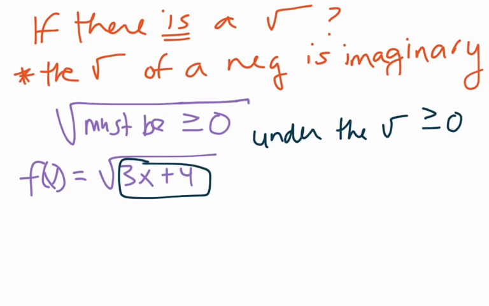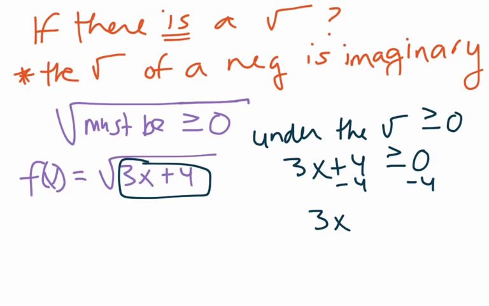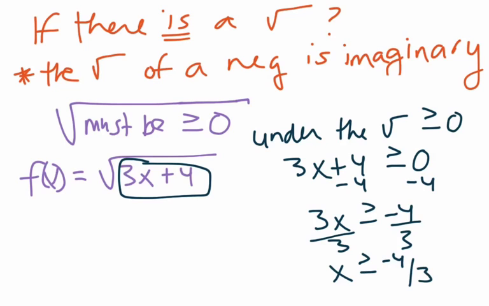You look at whatever is under the square root. 3x plus 4 has to be greater than or equal to 0. And then you just go ahead and solve it. So you subtract 4 from both sides and divide both sides by 3. And x is greater than or equal to -4/3. Ta-da! Whoops, I slid that funny. Okay, and there's your domain.